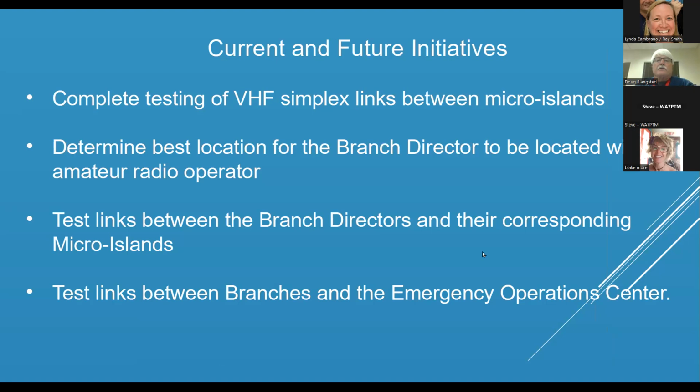So our current and future initiatives are to complete the testing of the VHF simplex links between the micro islands, determine the best location for the branch director to be located with the amateur radio operator, test links between the branch and the corresponding micro islands, and then test the links between branches and the Emergency Operations Center.